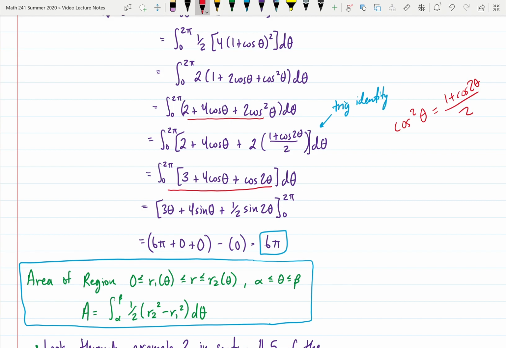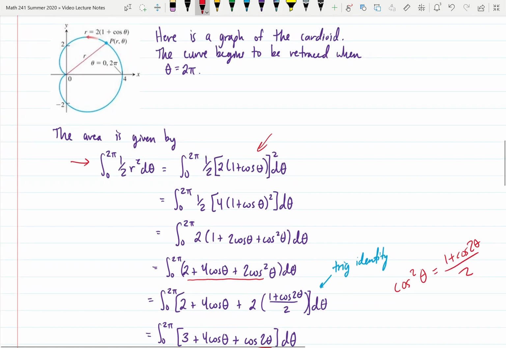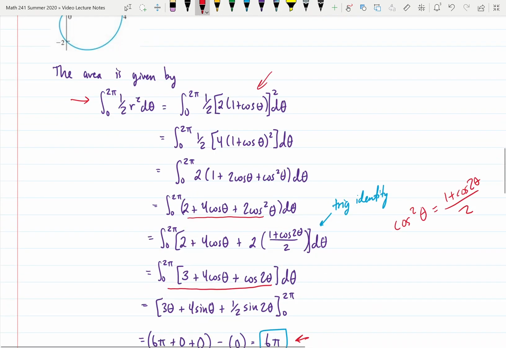And then there's a little bit of a u substitution that can be done implicitly for the integral of cosine 2 theta there. That gives us 1/2 times sine of 2 theta. We plug in 2 pi for that expression, which gives us 6 pi. When we plug in 0 for that expression, we get 0, which means that this definite integral is equal to 6 pi. So the area enclosed by the polar curve given by r equals 2 times the quantity 1 plus cosine theta is equal to 6 pi.